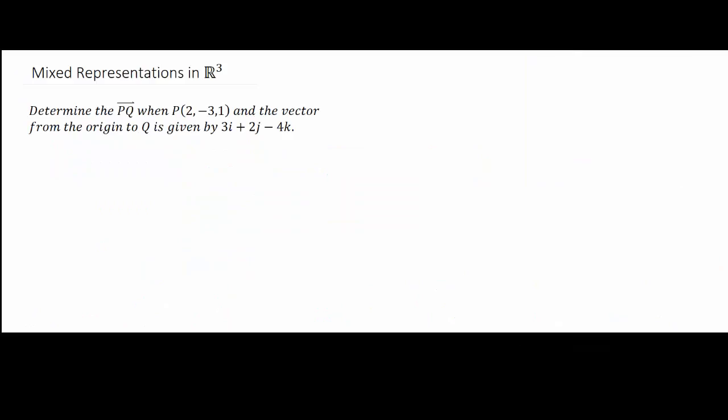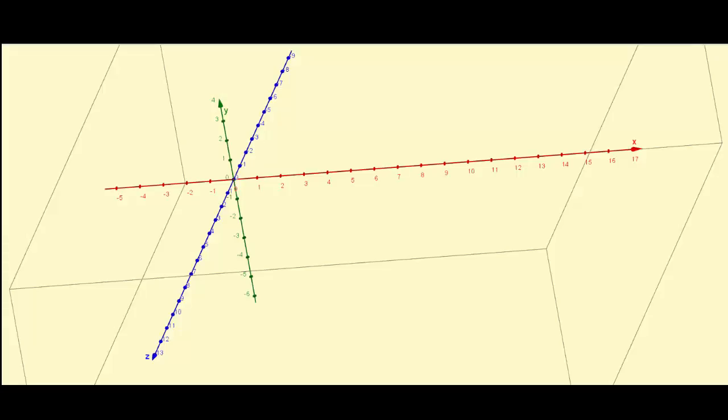In this example, I need to determine the vector pq when p is 2, -3, 1, and the vector from the origin to q is given by 3i plus 2j minus 4k. Looking at this in three-dimensional space, I have the point p as 2, -3, 1, and the vector from the origin to q given by 3, 2, -4.